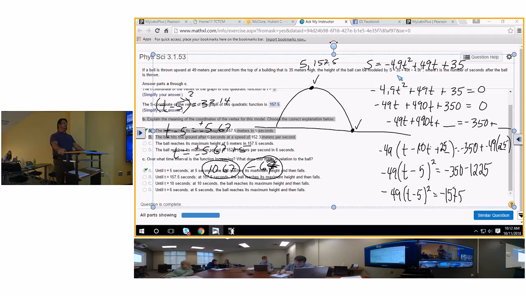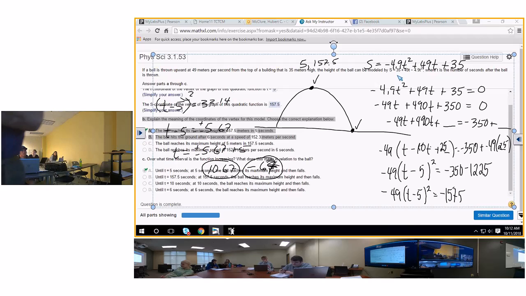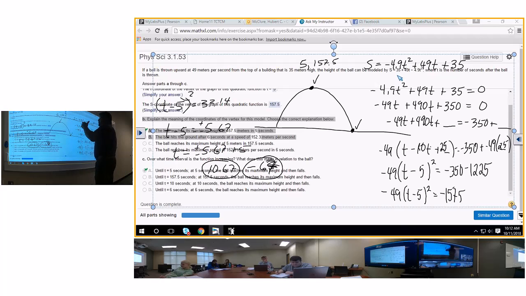Wait till your second semester physics class, or your second semester calculus class in business. You're going to have to draw a picture. And the vertex is always your highest point. So always remember, draw a picture, it will help you tremendously.